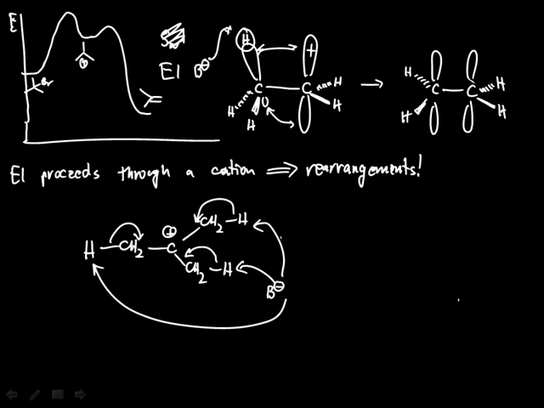In this case, it doesn't matter. But it is an important point, and in the next topic, we will see the cases where it does matter which alkene gets formed, and we'll see what determines the product distribution in such cases.